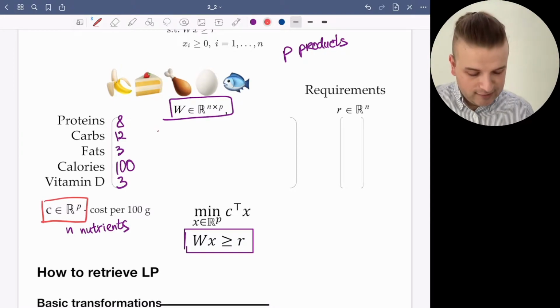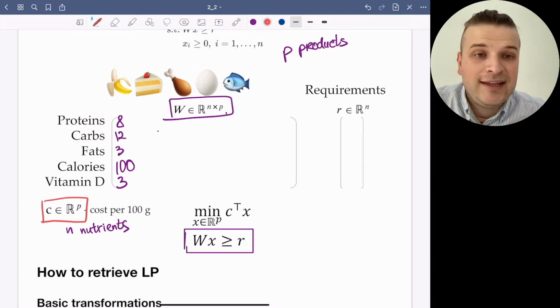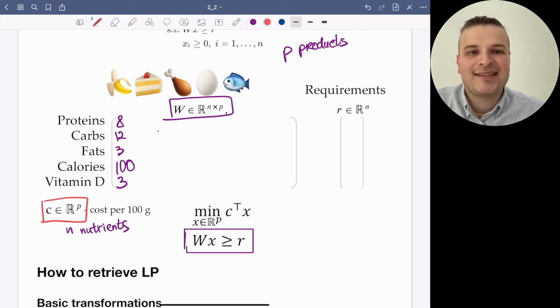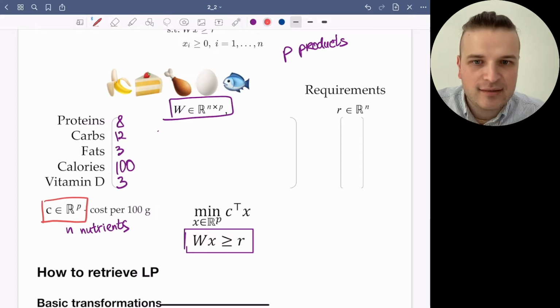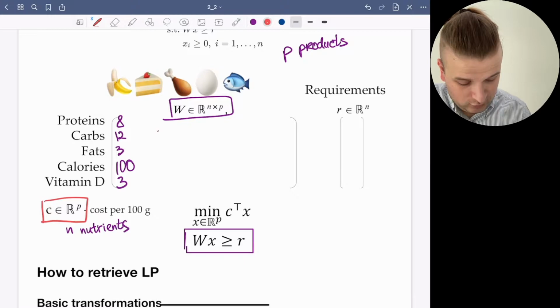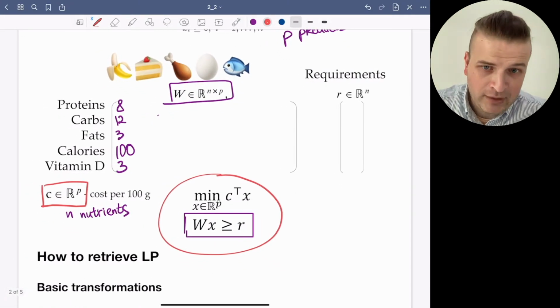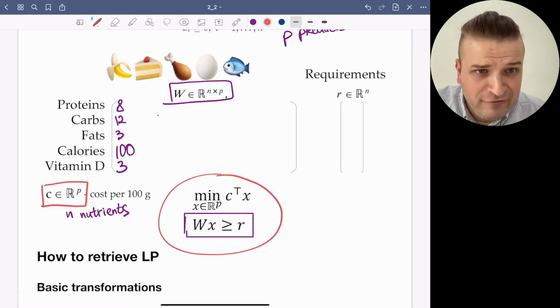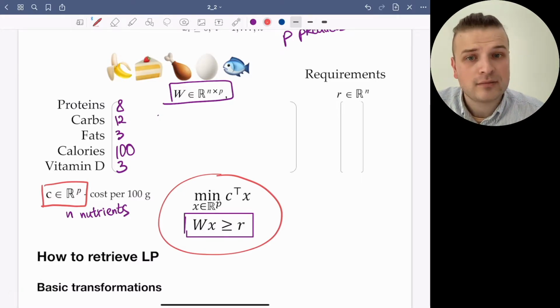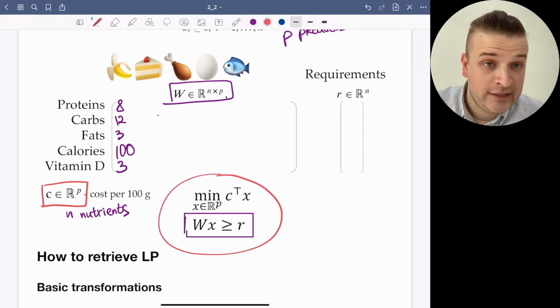And our goal is to find a diet which meets our requirements and at the same time minimizes our spending here at the market. That's our problem. And for sure, that's linear programming, because we have a linear objective function and linear constraints here.